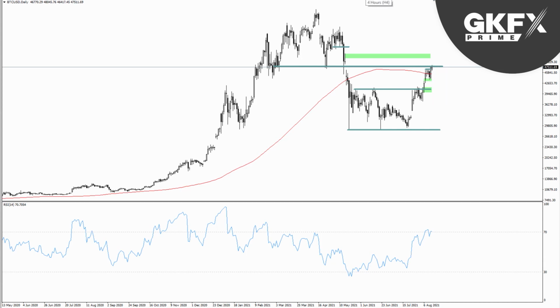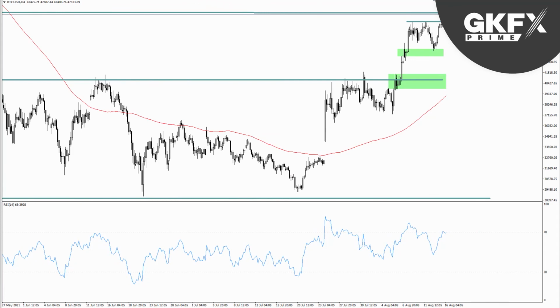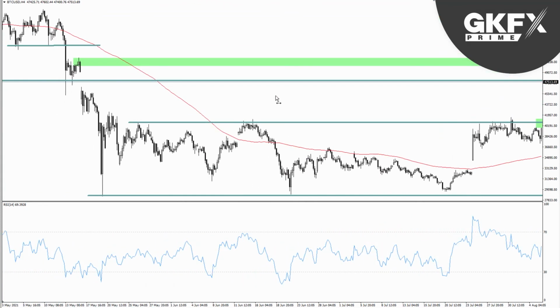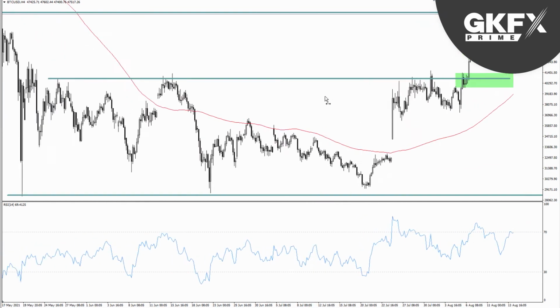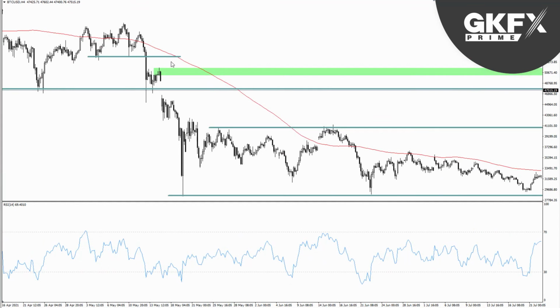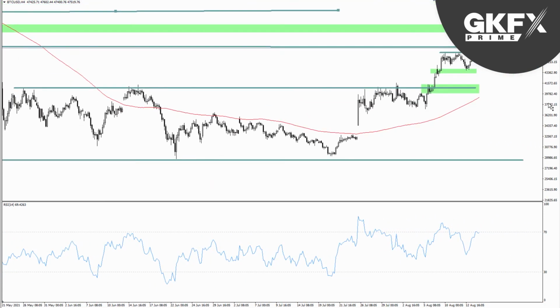Then resistance above here comes from some previous, let me just take off that for a second, where we really started to sell off on this second occasion and gapped lower. That provides some slight resistance there, and then we've got where we really start to sell off. If we drag this line across, I think that comes in at about 51,000 if memory serves.